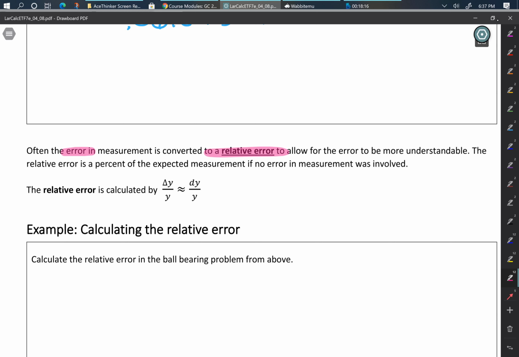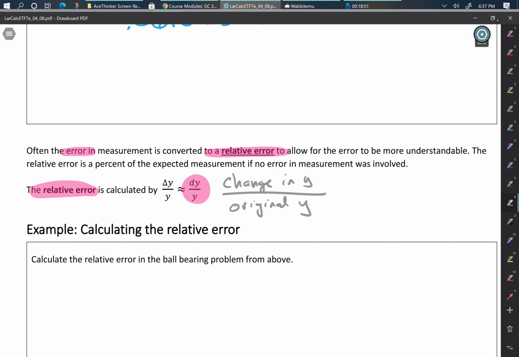Okay? So what we often do is we take error and turn it into relative error, because relative error is a percent of the expected measurement. And the way that we find relative error is we take the dy and divide it by the y. So what we're saying here is we're taking the change in y and divide it by the original y.